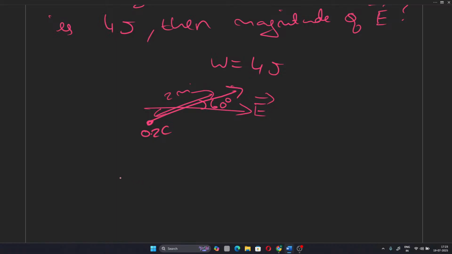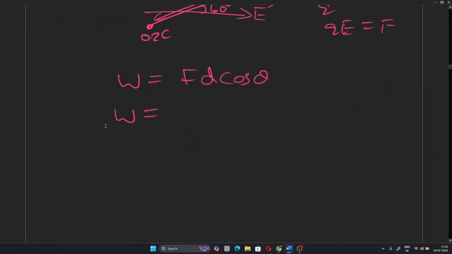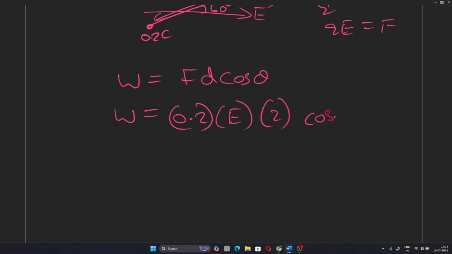and work done equals F d cos theta. From this formula we know that force by Q equals electric field, and QE equals force. So 0.2 times electric field times distance of 2 times cos 60, which is 1 by 2, 2 cancel.